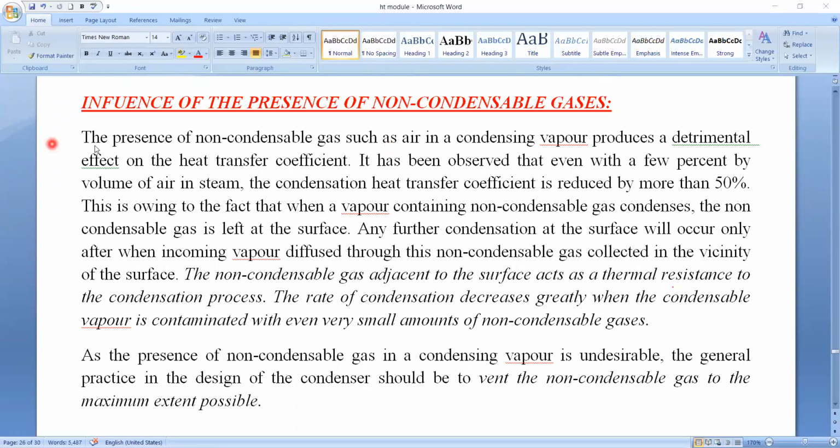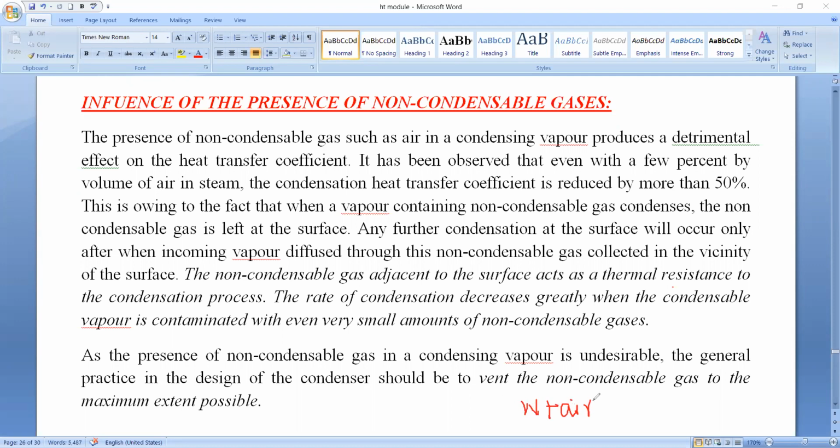Now, the presence of non-condensable gases such as air in a condensing vapor produces a detrimental effect on the heat transfer coefficient. We know that in water vapor, if we have air, when the water vapor comes into contact with the cooled surface, whose surface temperature is less than the saturation temperature of water vapor, it undergoes condensation.